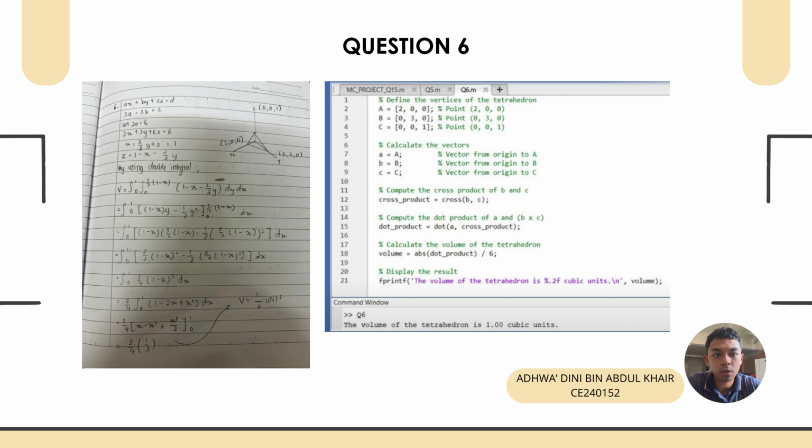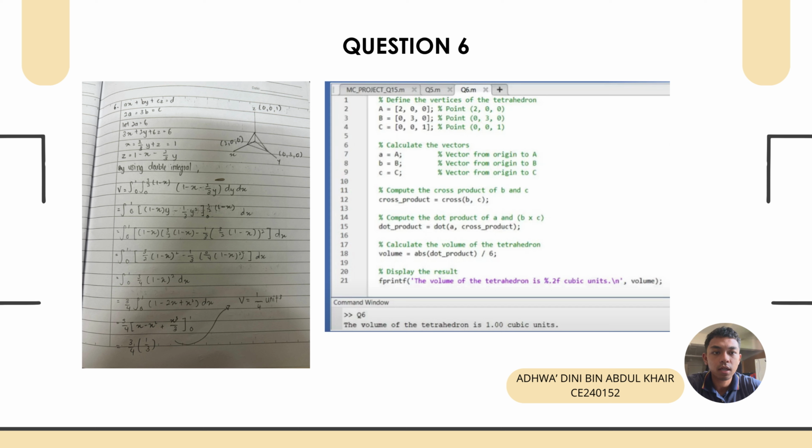To find the volume manually, we use the formula for the volume of a tetrahedron, which is V equals 1 over 6 times A dot (B cross C), where A, B and C are vectors from the origin to the vertices A, B and C respectively.